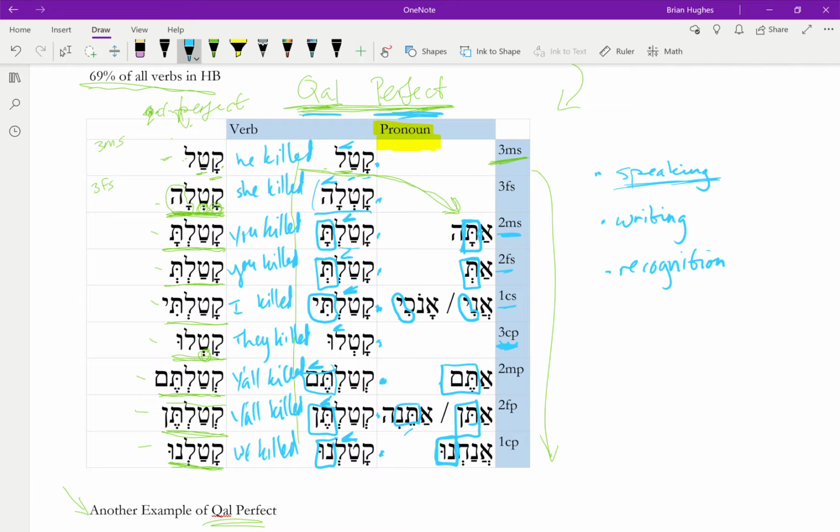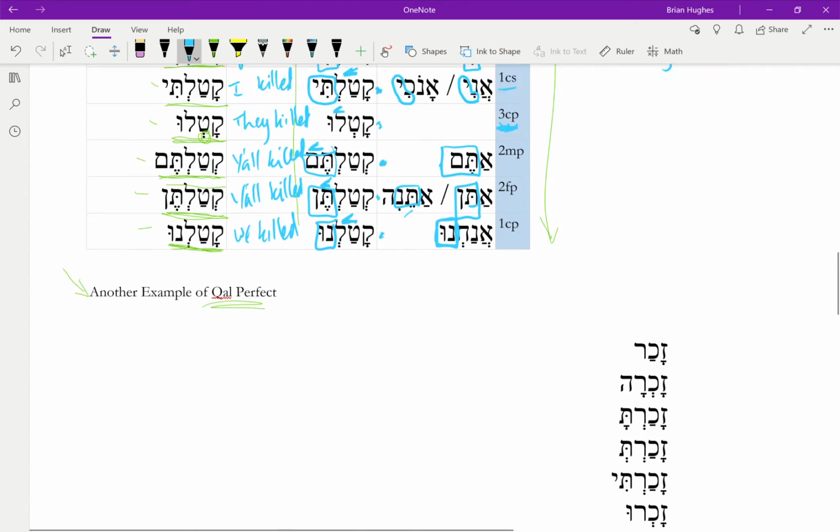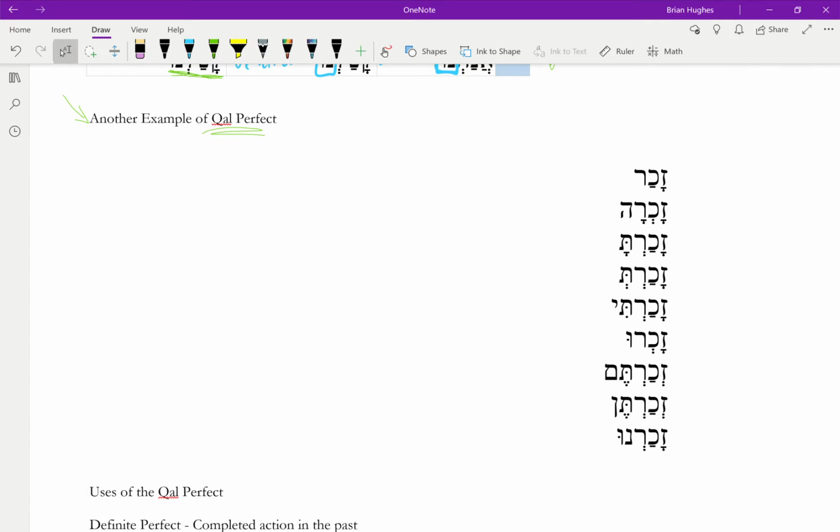Okay, so to see a further example of this, we're going to go down and look at another verb, zachar. Zachar is to remember. So here is the Qal Perfect paradigm for the root zachar. Zachar is the third masculine singular Qal Perfect, meaning he remembered.